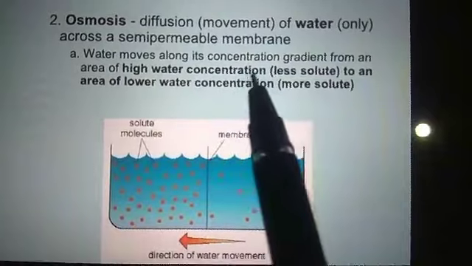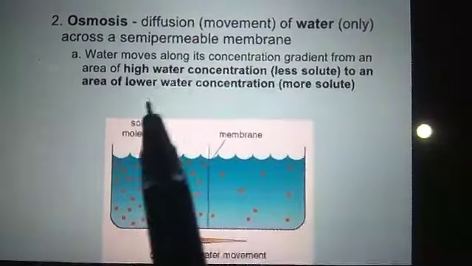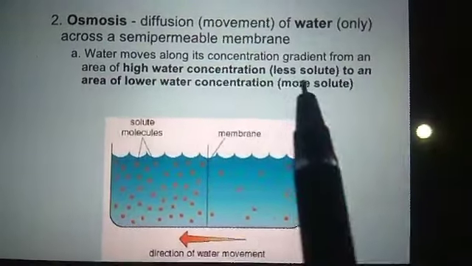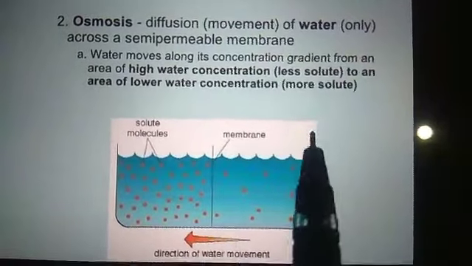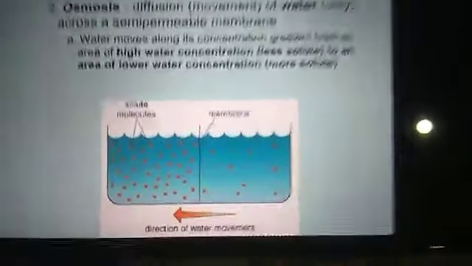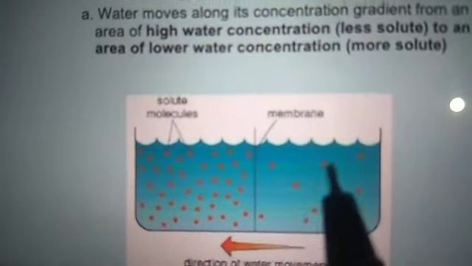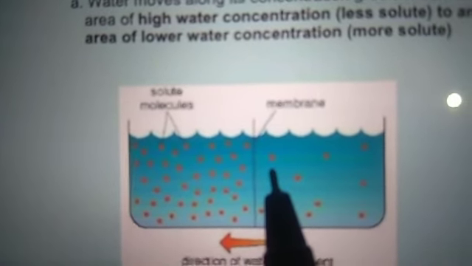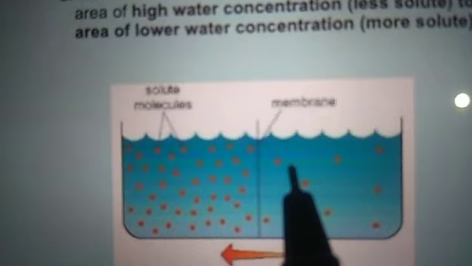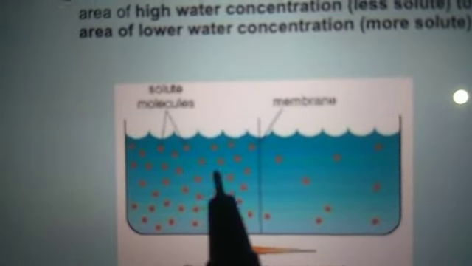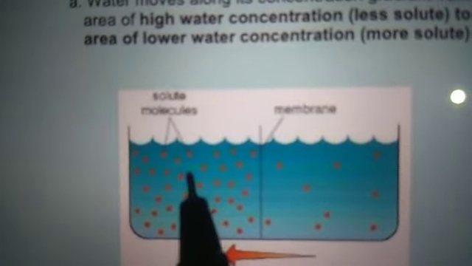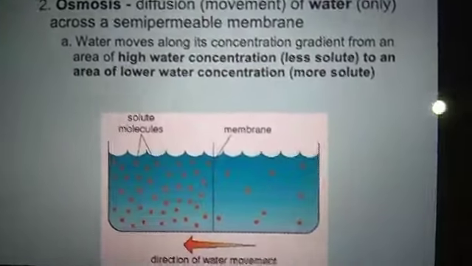Water moves along its concentration gradient from an area of higher water concentration to an area of lower water concentration. This process is called osmosis. The water will start moving from here to here.